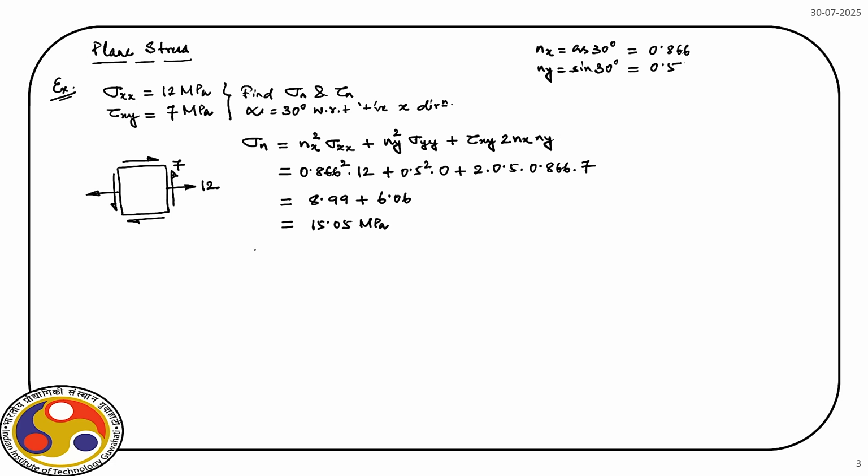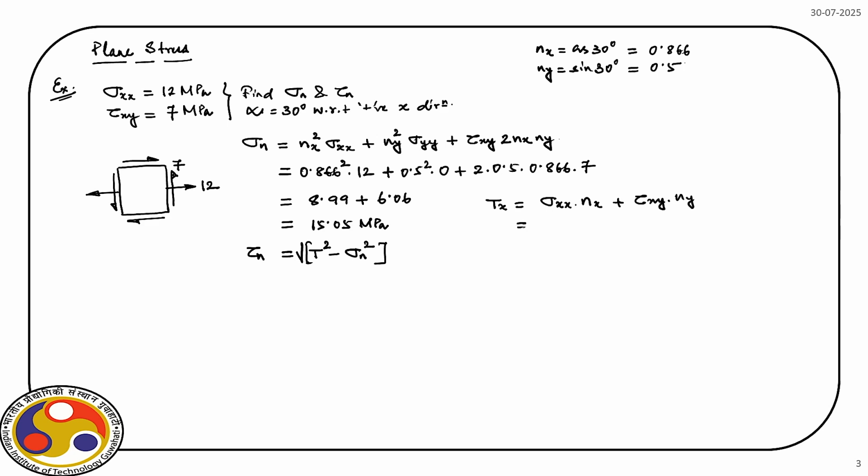And tau n, if you recall, actually we get it from the traction. So, square root of T square minus sigma n square is tau n, right. For that, we have to first find out T x, that is equal to sigma xx times n x plus tau xy times n y.